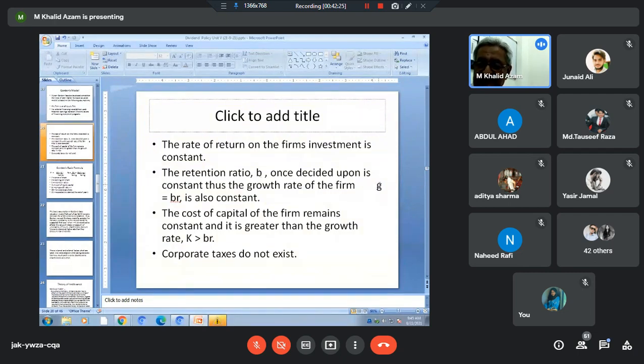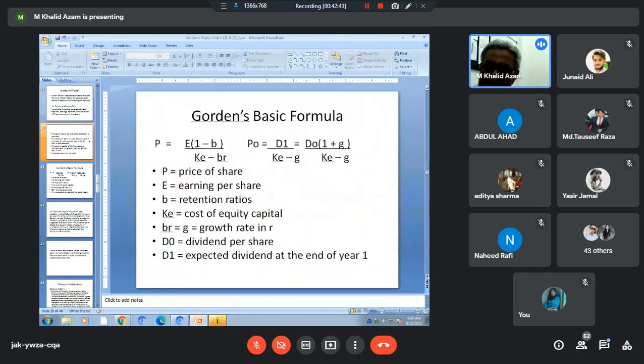So the G will also be constant. The cost of capital is going to remain the same. But you will have to take additional care that the cost of capital should be more than the BR or the growth rate. So corporate tax does not exist. This is the assumption which he has made.